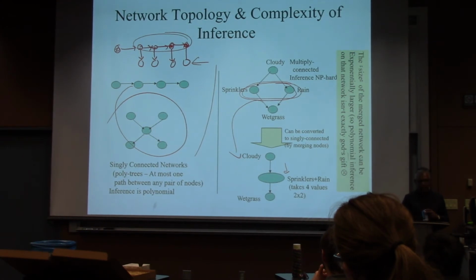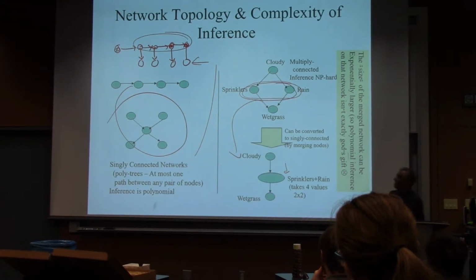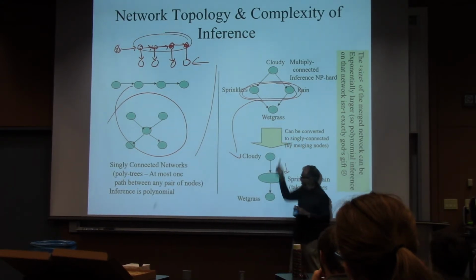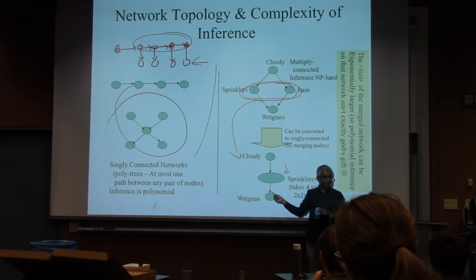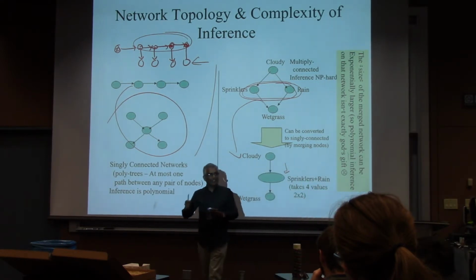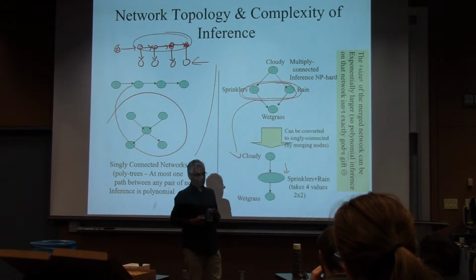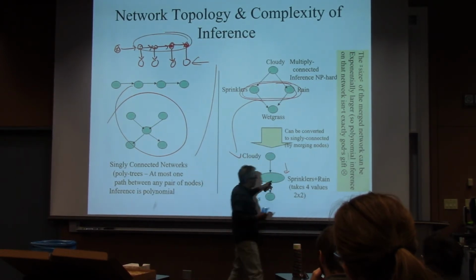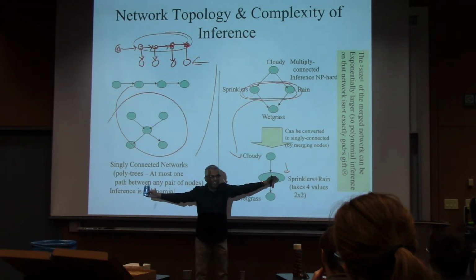Since it's almost towards the end of the class, I just proved P equal to NP. Right? I said, if you see this, that's NP hard, but this is polynomial. What happened? Right? What happened is, complexity is a function of the input size. When you compile this network to this network, you increase the input size exponentially.